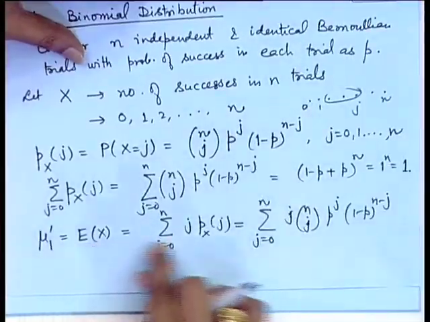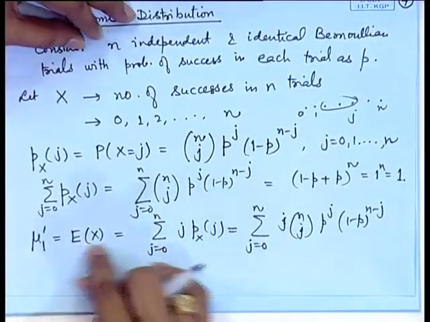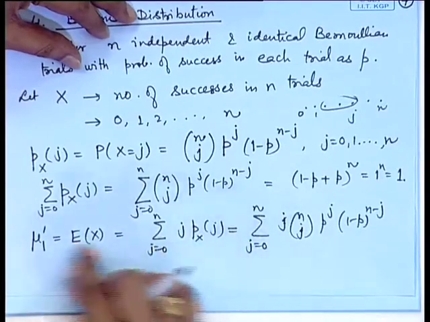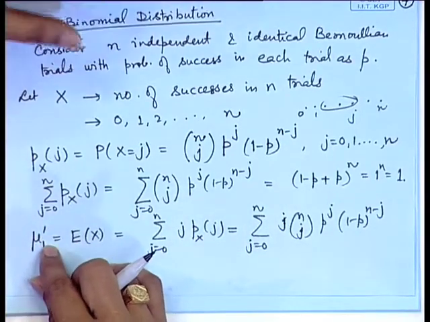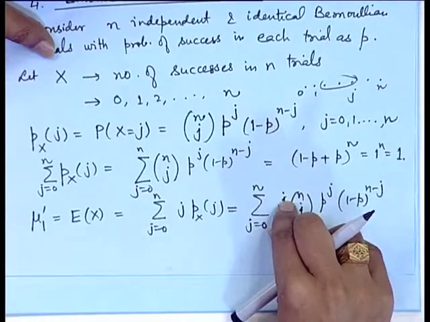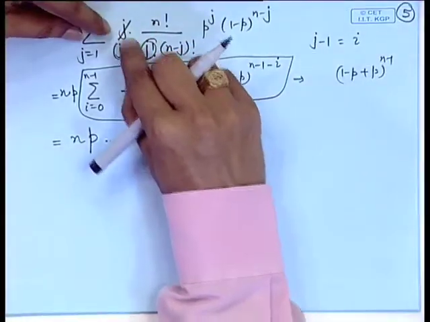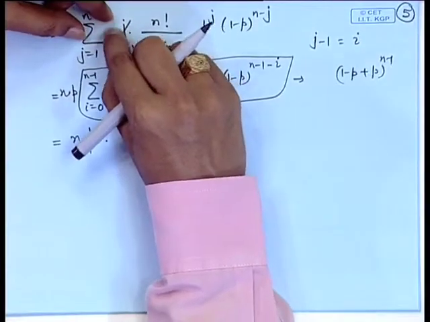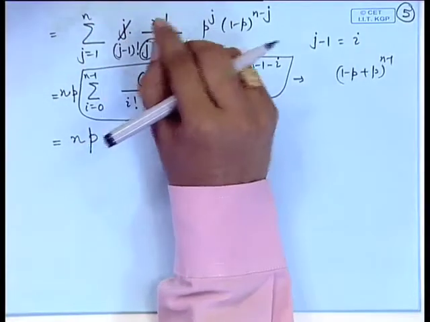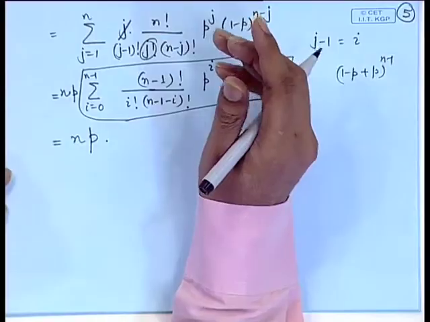Now, this particular way of deriving the moment of a binomial distribution suggests that if we want to look at, say, mu 2 prime, then here I will get j square. In this particular expansion one j was cancelled. So, if I have j square, another j cannot be cancelled. Therefore, it may be beneficial to consider factorial moments.